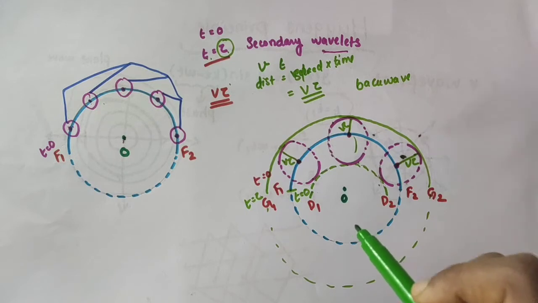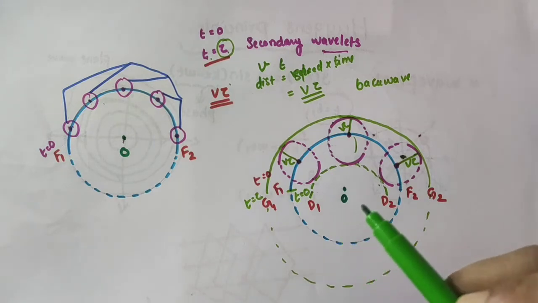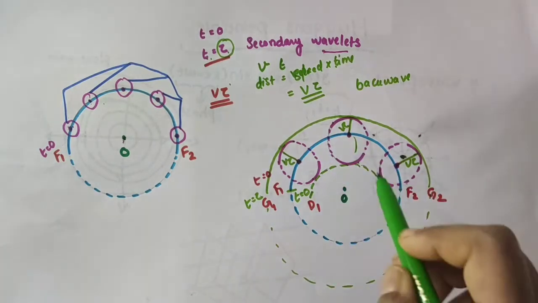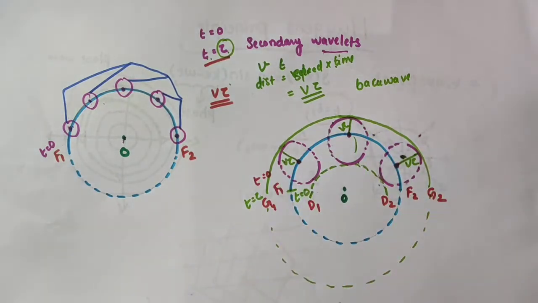In a similar manner, we can use the Huygens principle to determine the shape of the wavefront for a plane wave propagating through a medium. Here we have considered a spherical wave propagating through a medium, and the same things we can use.